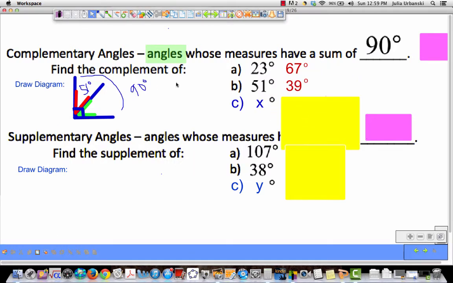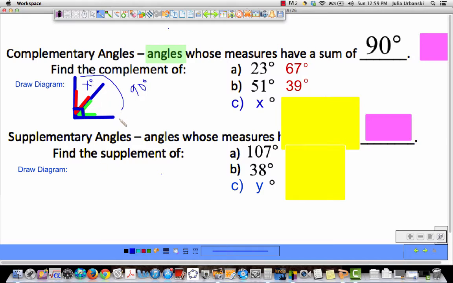The complement of an angle is 90 degrees minus that angle. So think about now, if I asked you to find the complement of angle X, if there was an X right here, do the same way we did the first two. How would you find the complement of this?